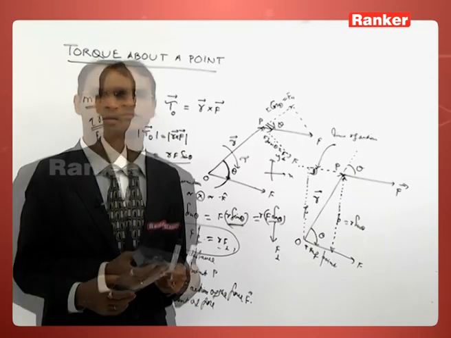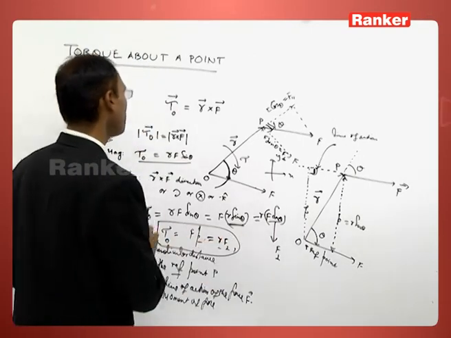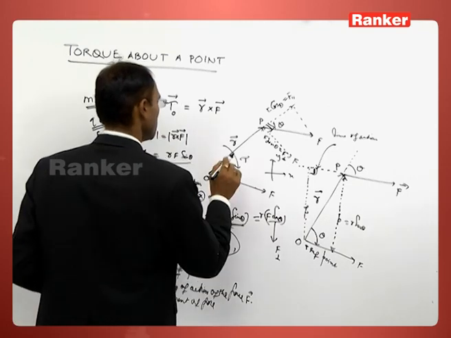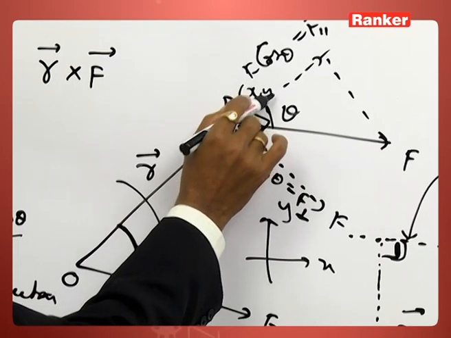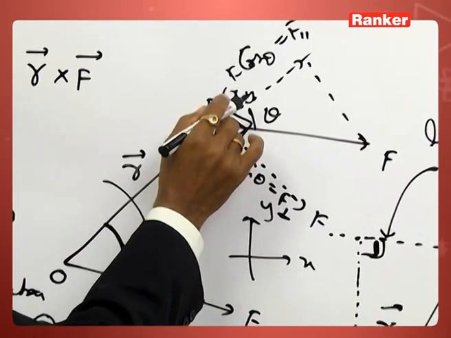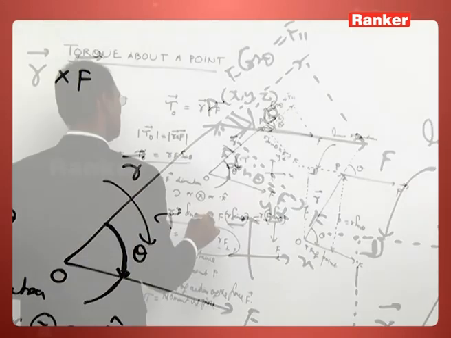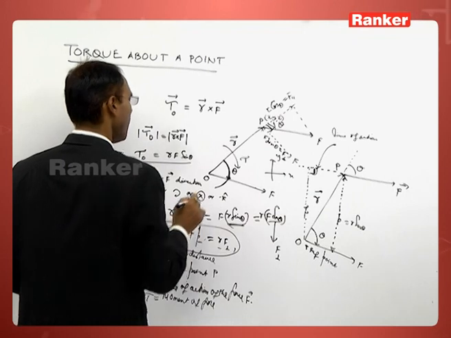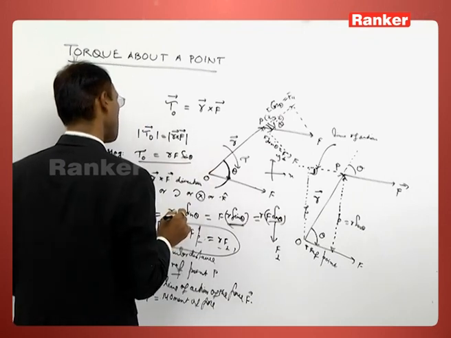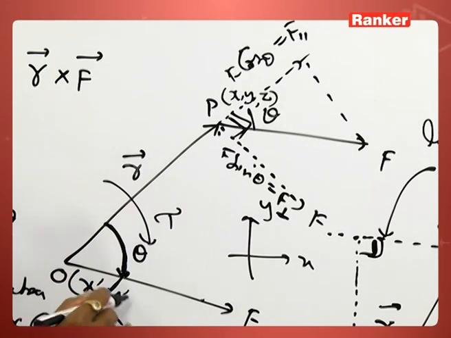Next, we will deduce the expression for the torque of a force acting at a point having the coordinates x, y, z with respect to the origin or with respect to the reference point, whose coordinates can be x dash, y dash, z dash.